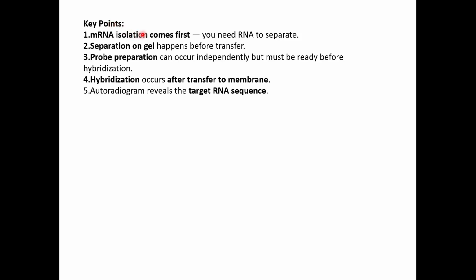So first mRNA isolation, then run on the gel, then the probe has to be prepared for hybridization. Then we transfer the RNA onto the membrane, use the probe to hybridize it, and then expose it to an X-ray film to visualize the target RNA.